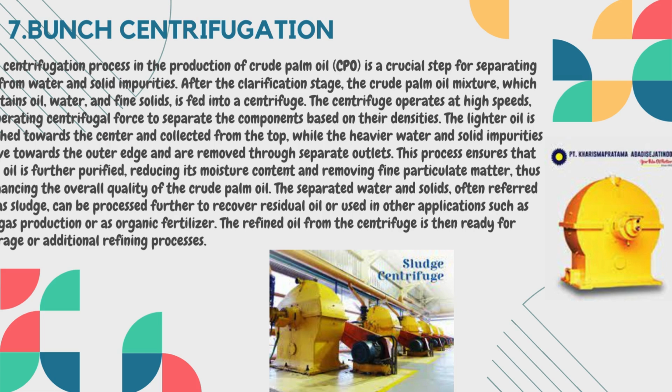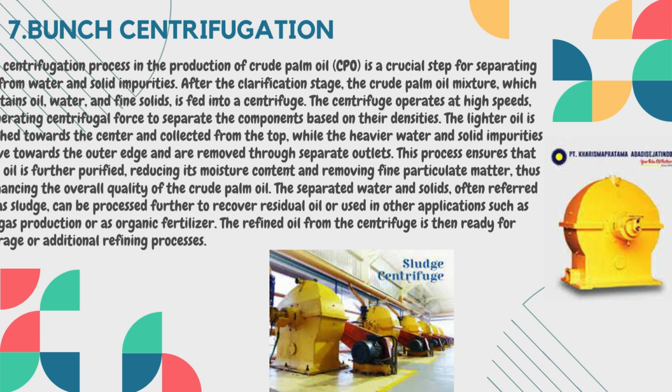The lighter oil is pushed toward the center and collected from the top, while the heavier water and solid impurities move toward the outer edge and are removed through separate outlets.